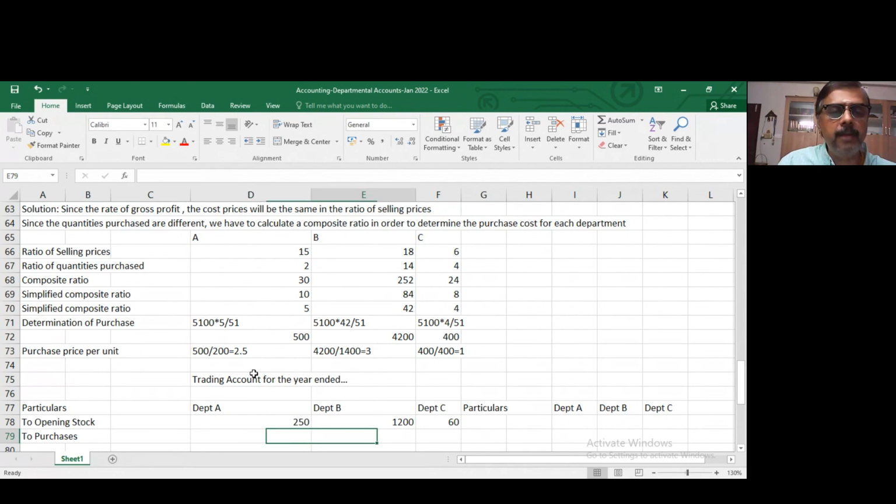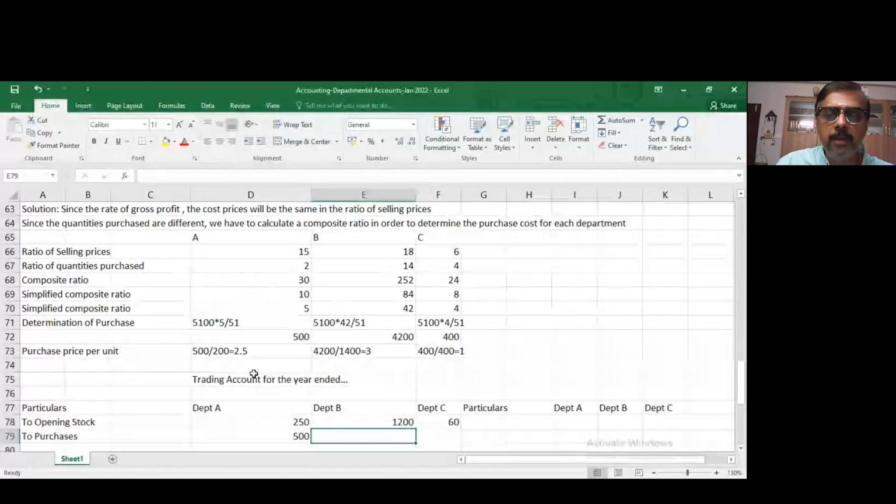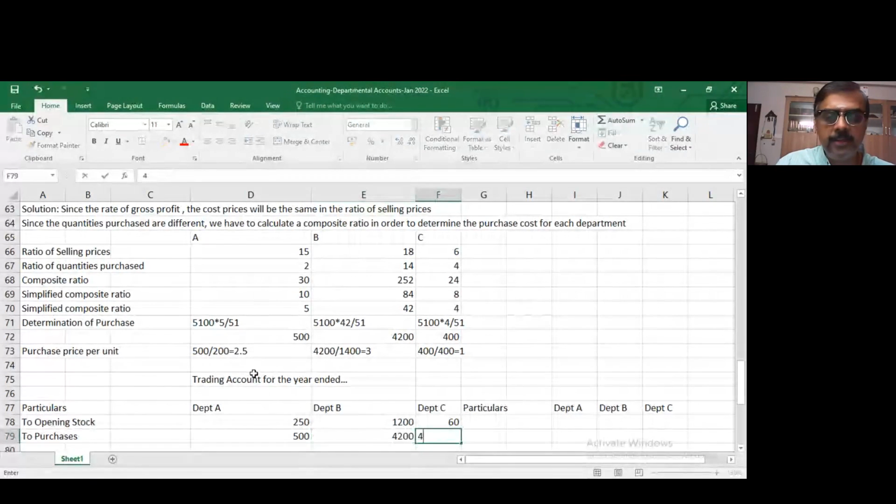Purchases: department A we got as 500, department B as 4,200, and department C as 400. We got the purchase price and purchase quantity. Now sales. Sales figure is given in the question. Carefully observe.